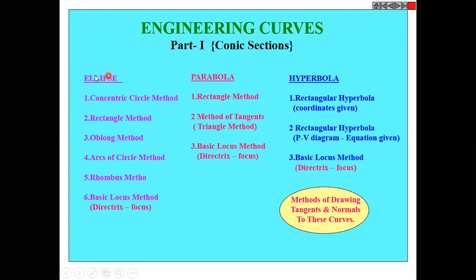For the ellipse, we are going to learn the rectangular method and the directrix focus method. For the parabola, we are going to see the rectangular method and the directrix focus method as well. For the hyperbola, in our syllabus only the directrix focus method is there.